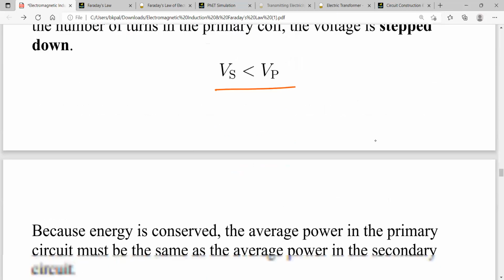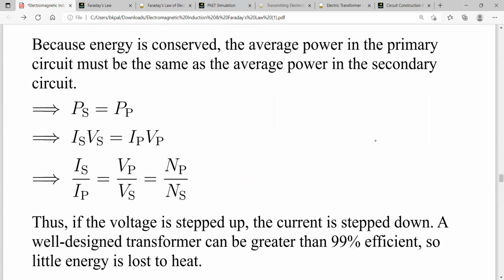Now if we neglect the power loss due to the coil, you know the coil has some resistance, so there will be some heat dissipated by the coil. But if you neglect that, then the power in the primary coil is basically equal to the power of the secondary coil.